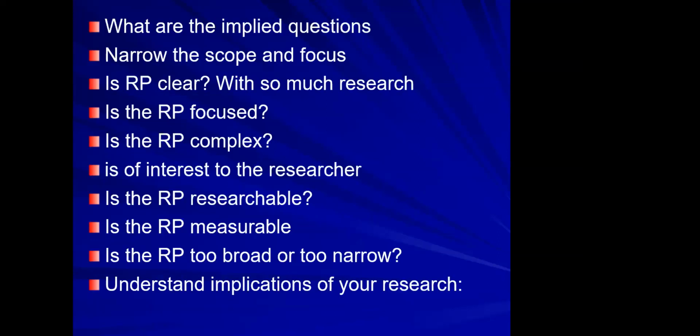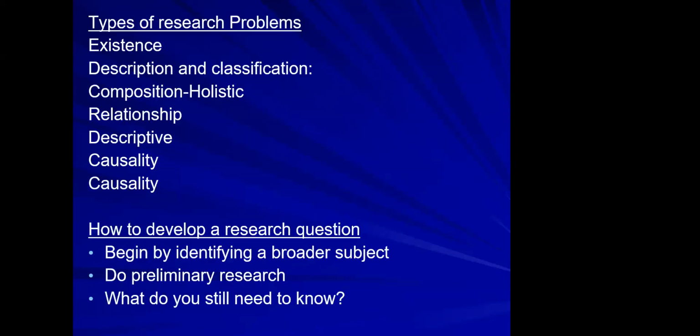Then, once you have looked at the research problem and identified it, the next thing is that you have to develop some research questions. From a literature survey, you are identifying a research gap. That research gap becomes your statement of problem, and from the statement of problem, you derive the objectives.